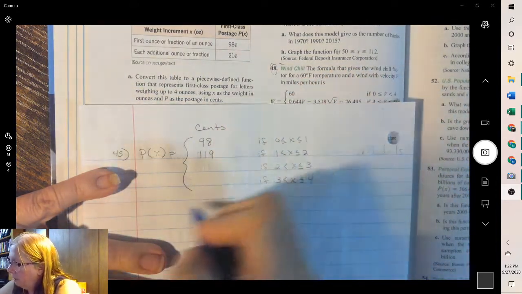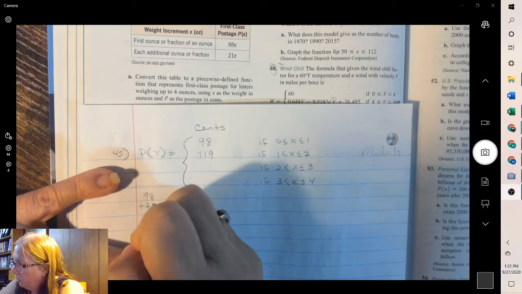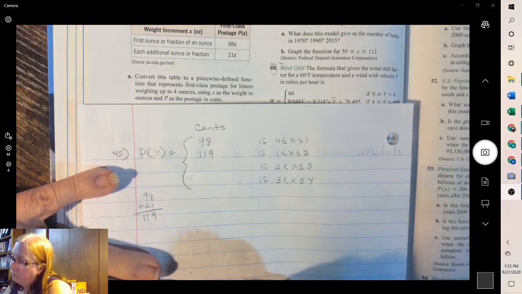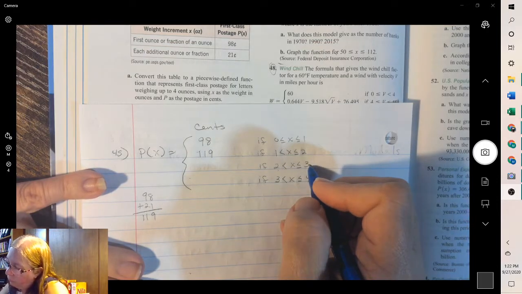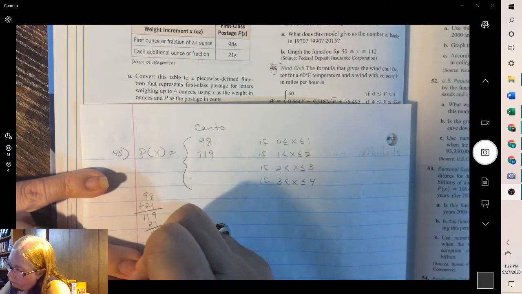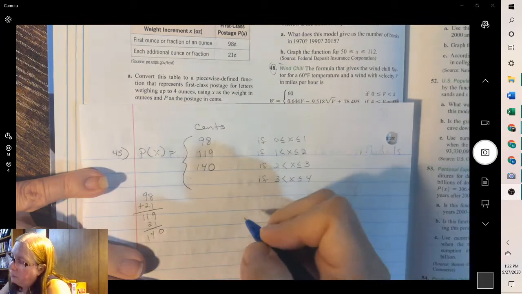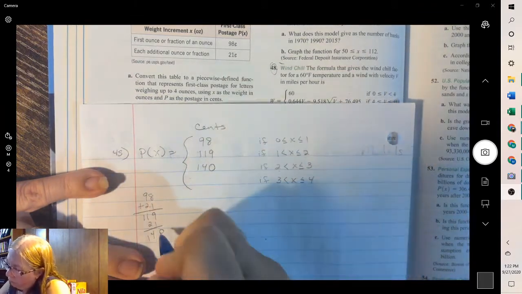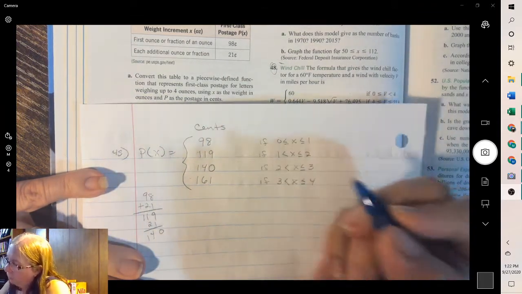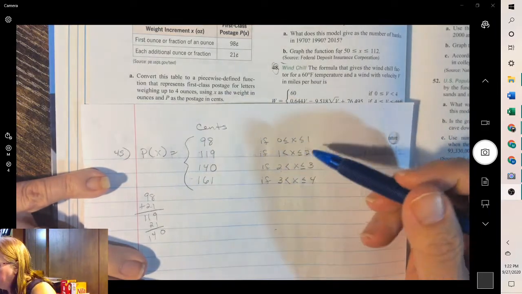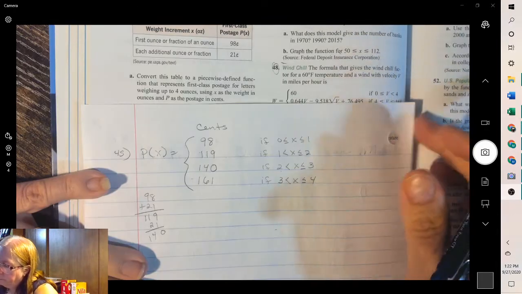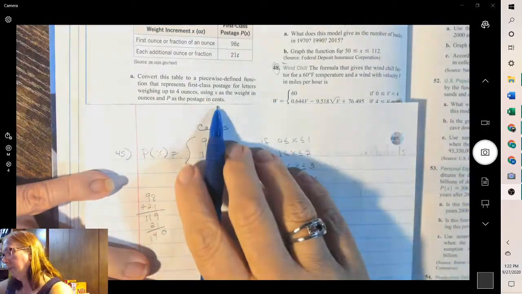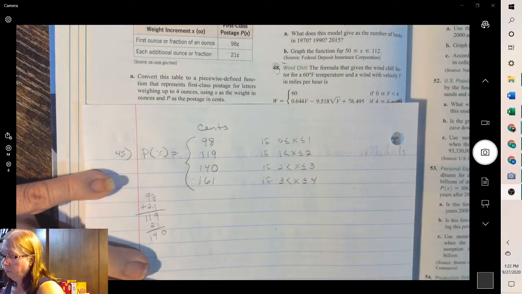All I did was take the 98 plus 21. And then it's another 21 cents if you're between the 2 and up to and including 3. So you add another 21 cents and get 140 cents. And another 21, 161 cents. So depending on where you land, this is what you'll cost. But they wanted it in cents, so we'll leave it in cents and not convert it to dollars.